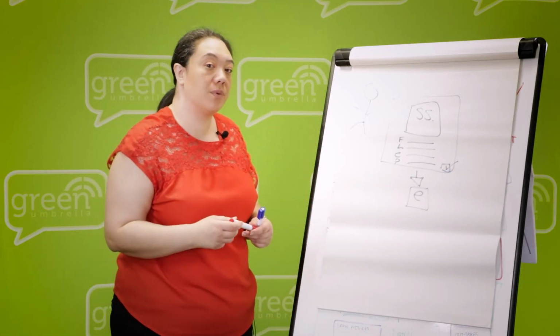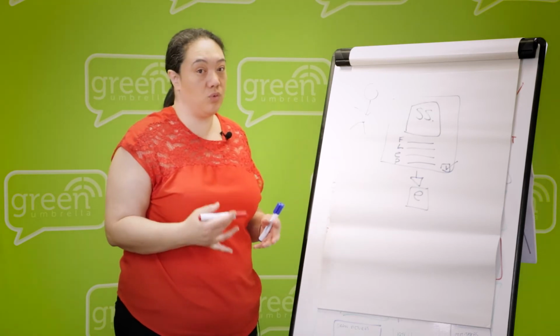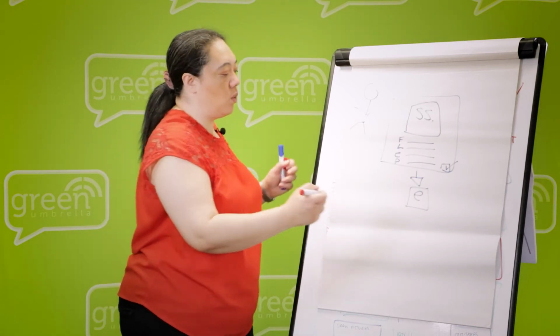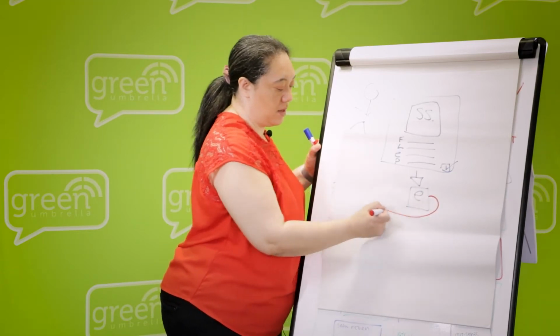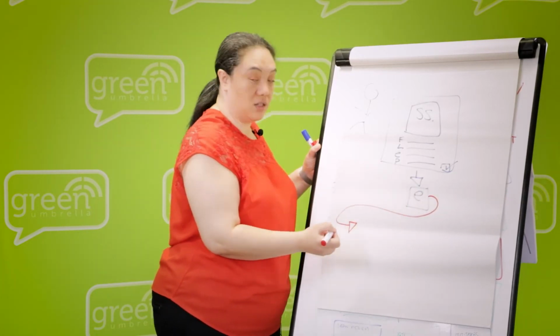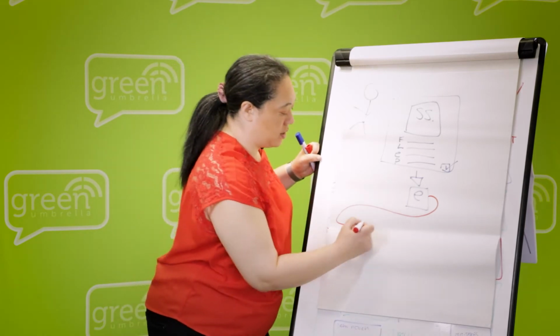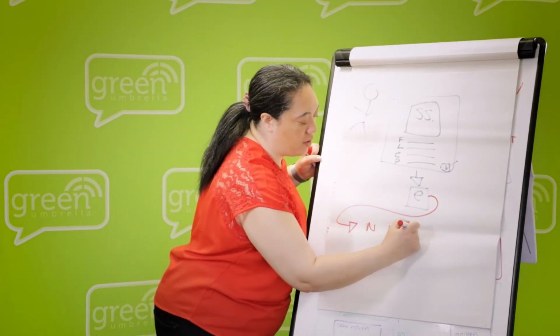What we need to do at this point is implement a nurture sequence. Using something like MailChimp, you can set this up really, really easily. What we want to do is take this person into a nurture sequence.